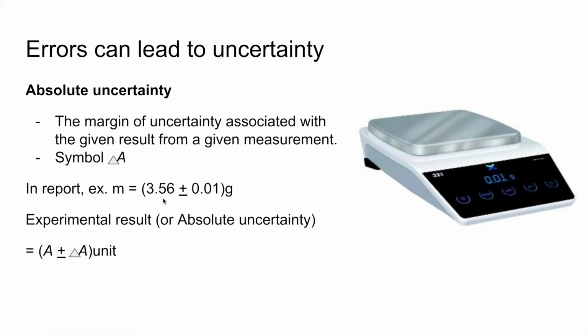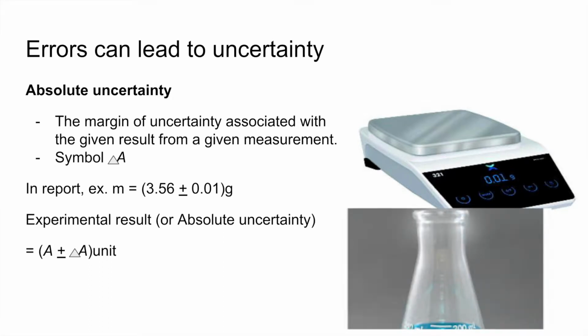You're not sure of the second decimal place, by plus or minus 1. The rule: digital equipment is always plus or minus 1 of the least digit that appears on the measurement. If it's analog, it's always half of the least gradation.